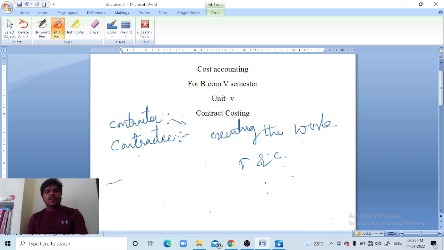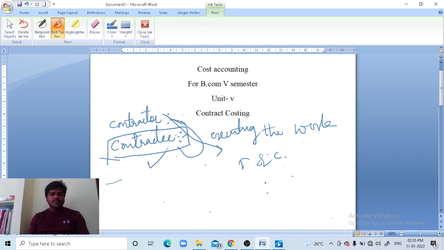And a contractee means the person to whom the work is being done by the contractor, the person who is getting the work done by the contractor. These are the parties involved in the contract account.